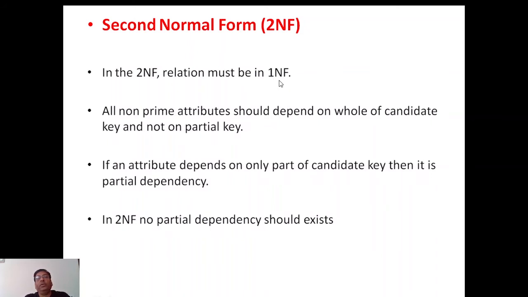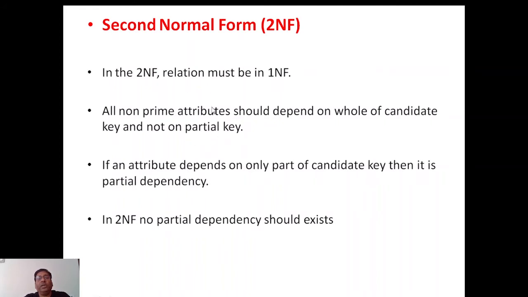So if you want to say your relation is in second normal form, basically it should be in the first normal form, and all the non-prime attributes should depend on the whole of the candidate key and not on a partial key. So what is the next point over here? All the non-prime attributes of your relation should depend on the whole of the candidate key and not on a partial key.